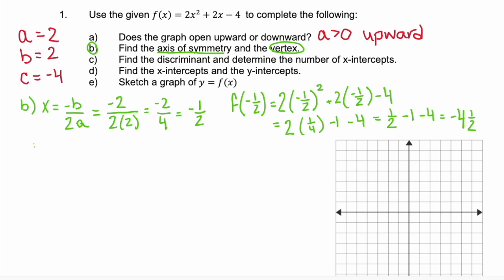So we know that our vertex is going to be the point -1/2, -4.5. So then we know our axis of symmetry is going to be the equation x equals -1/2.